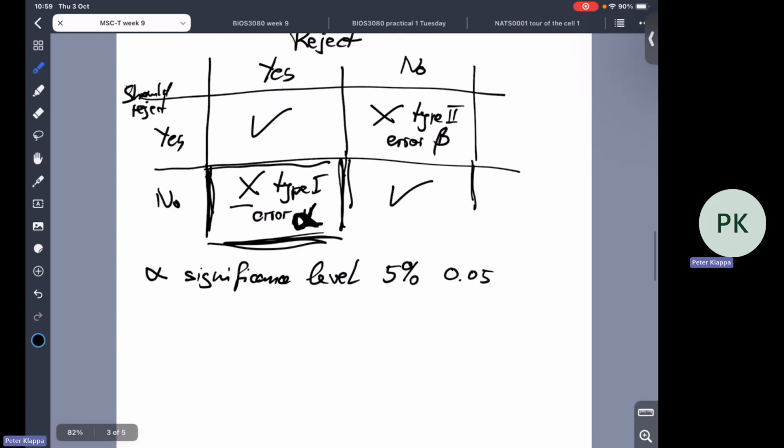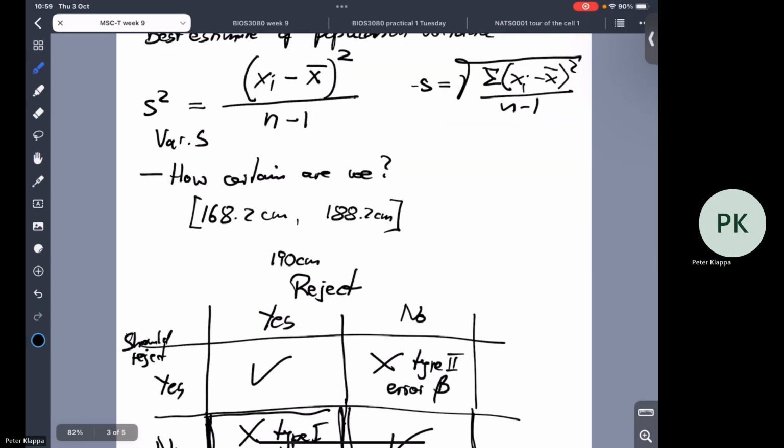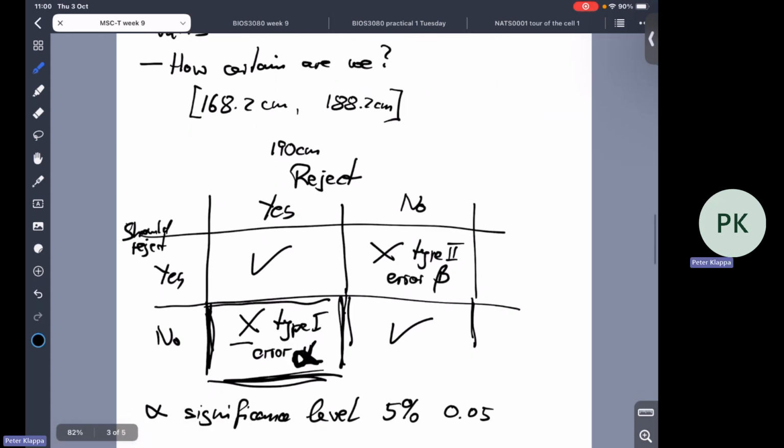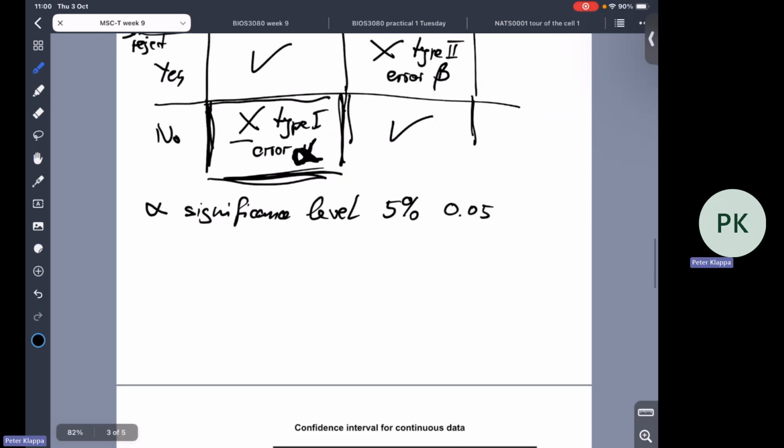So, coming back to our example here, the confidence interval depends on alpha. The smaller alpha, the more tolerant I need to be, the smaller this type 1 error.